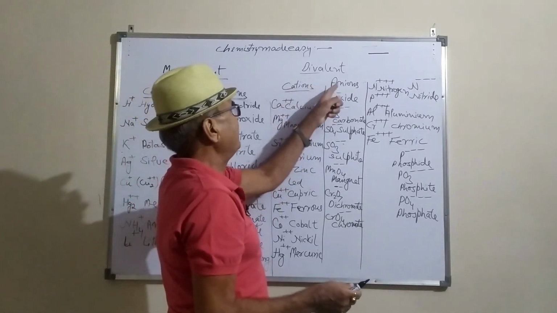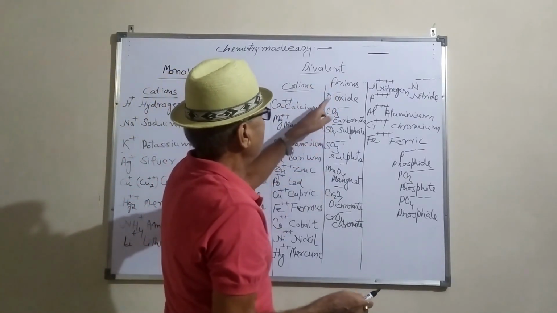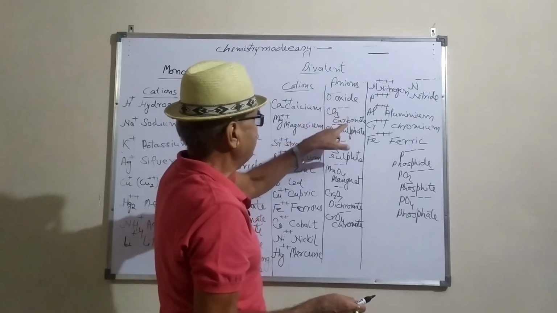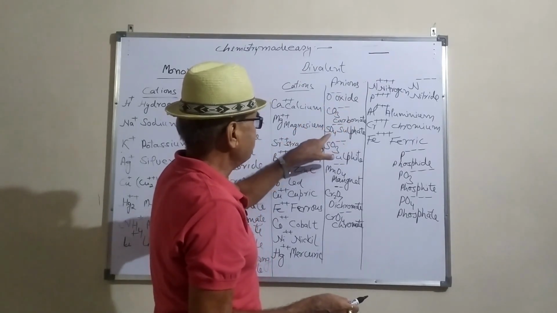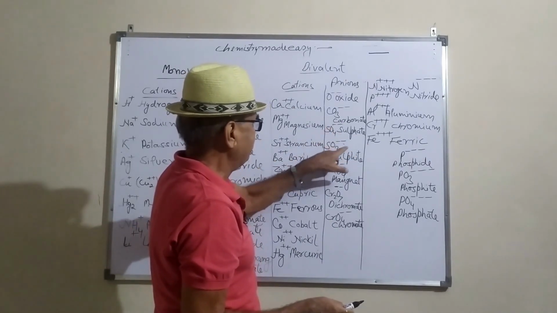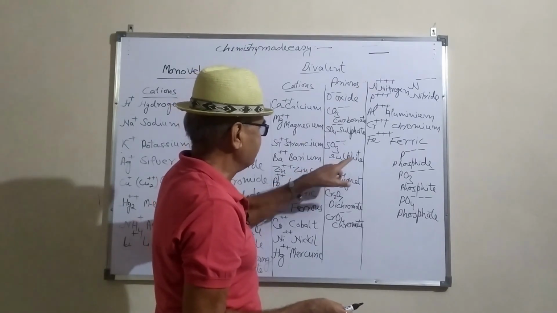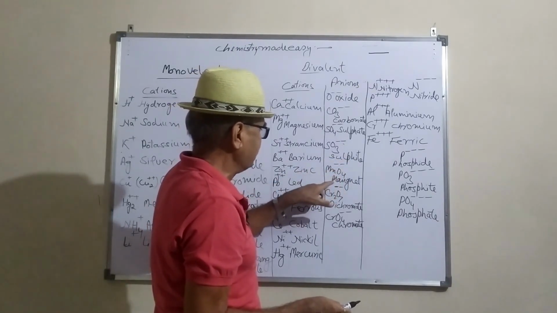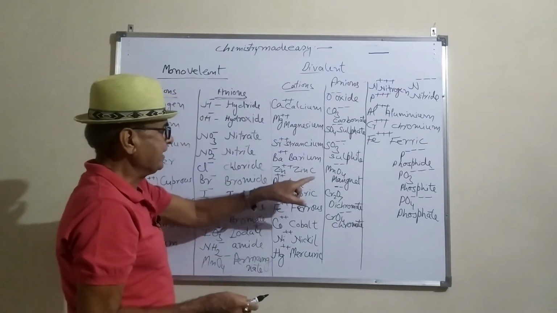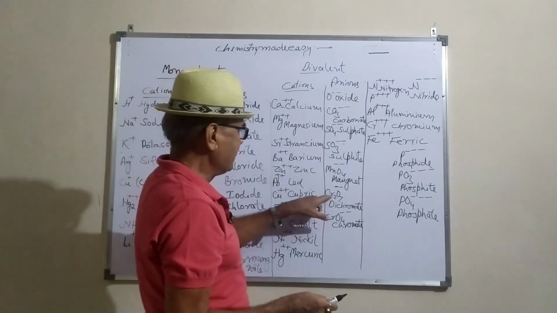Divalent anions: O double negative oxide, CO3 double negative carbonate, SO4 double negative sulfate, SO3 double negative sulfite, MnO4 double negative manganate. MnO4 single negative is permanganate, and double negative is manganate.